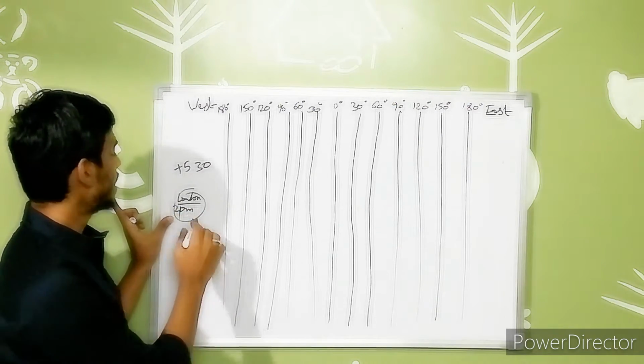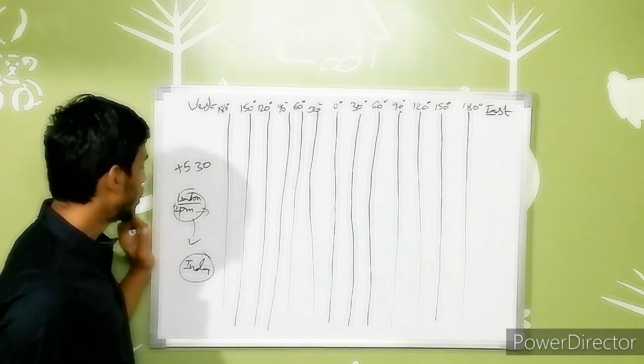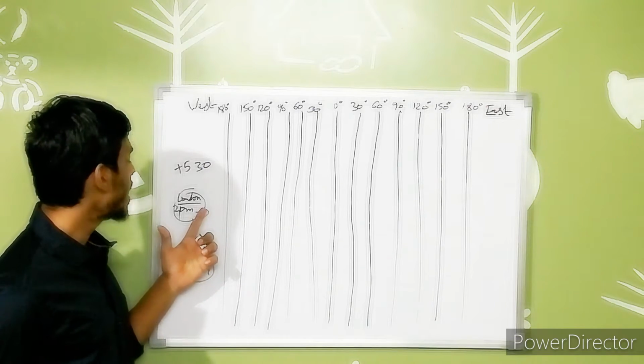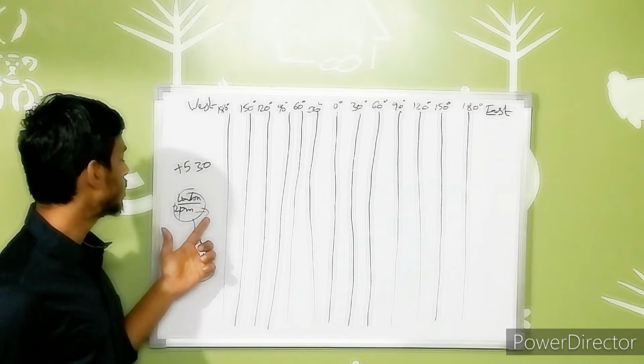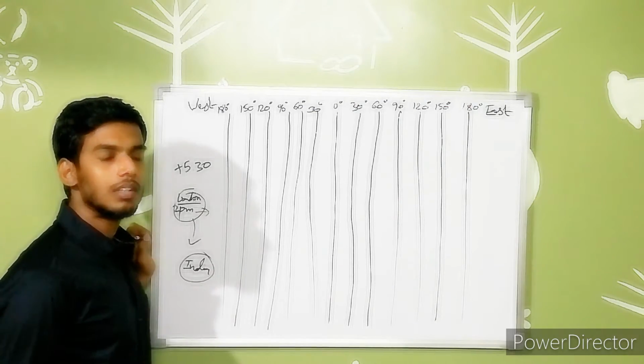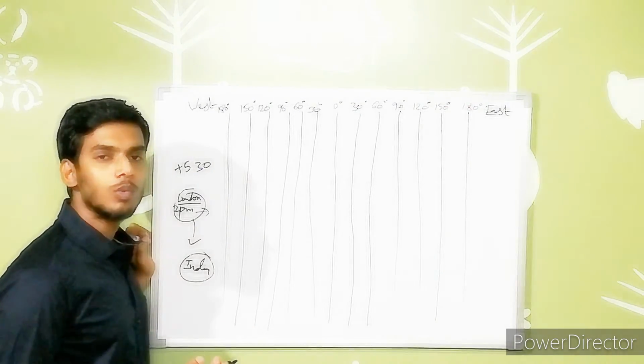Suppose in this example, at 2 p.m. there is an IPL match between Mumbai Indians and Chennai Super Kings, which starts at 2 p.m. in London. I am saying to my friend, today night we have to watch the match.